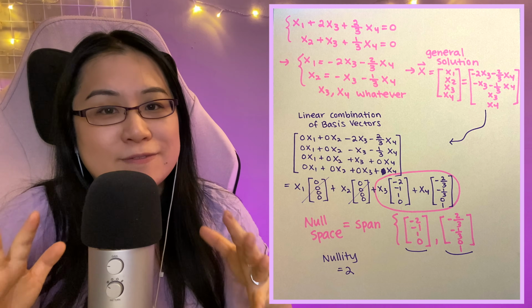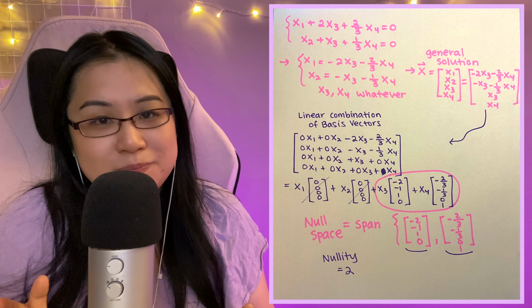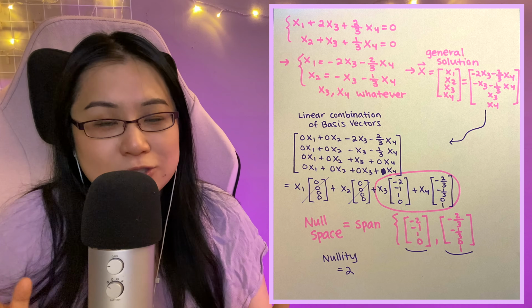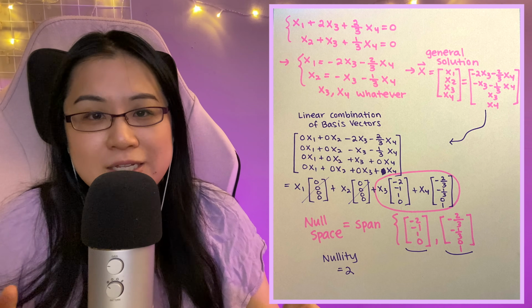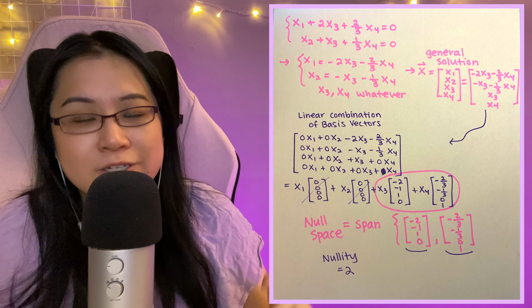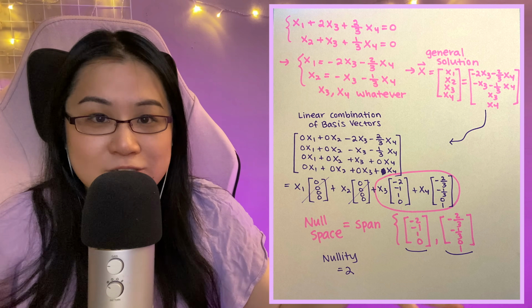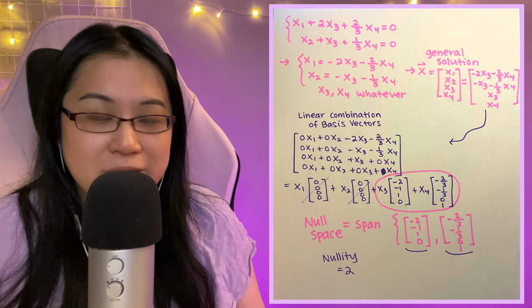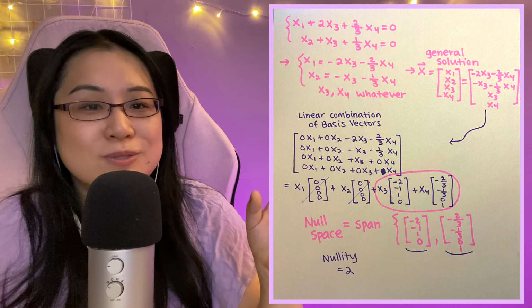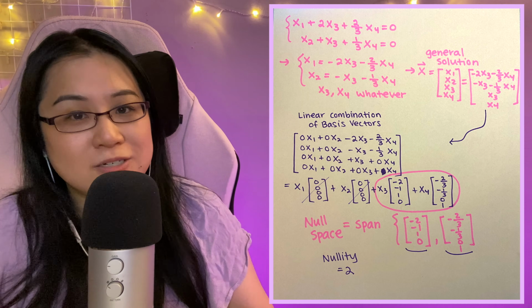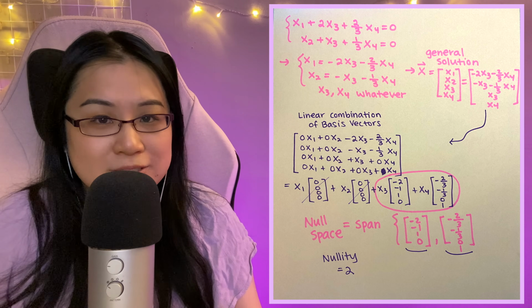So if I have this particular pattern, then this vector would be in the null space of this matrix A. Isn't that cool? As long as we have this particular pattern, it belongs in the null space.